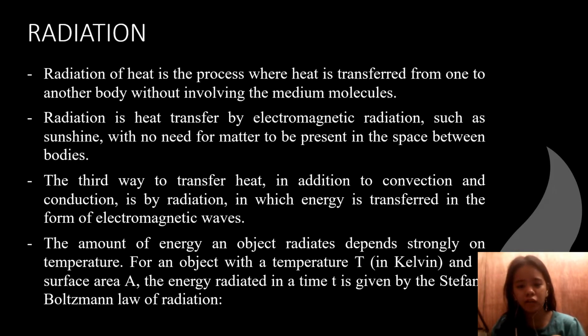The amount of energy an object radiates depends strongly on temperature. For an object with temperature T in Kelvin and surface area A, the energy radiated in time t is given by the Stefan-Boltzmann law of radiation. So this type of heat transfer does not depend on the medium. Even though there is no object in between, heat transfer will still occur.